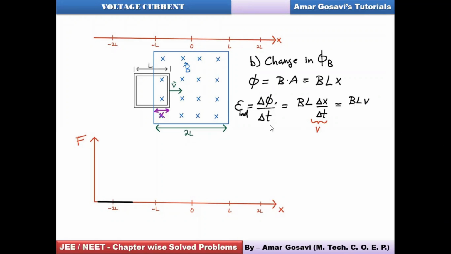From d phi by dt, I get this equation as BLV, where B stands for the magnetic induction in which the coil is moving, L stands for the length of the coil, and V stands for the velocity with which the coil is moving. And so far as the plot of force is concerned, from minus 2L to minus L, because it's moving with a constant velocity, there is no acceleration, and therefore the force can be considered as zero in this case.